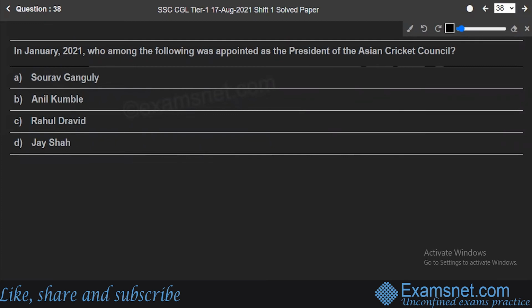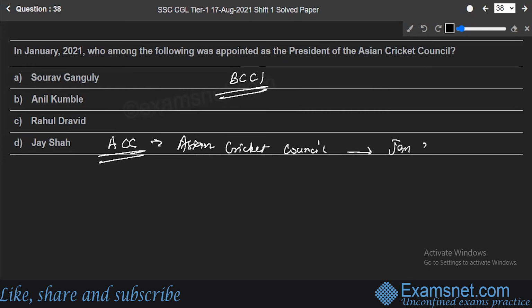Secretary of Board of Control for Cricket in India, that's BCCI, Jay Shah has been appointed as the new president of the Asian Cricket Council on January 30, 2021. At 32, he's the youngest administrator to be appointed as the ACC president. He was only 32 years old at that time.